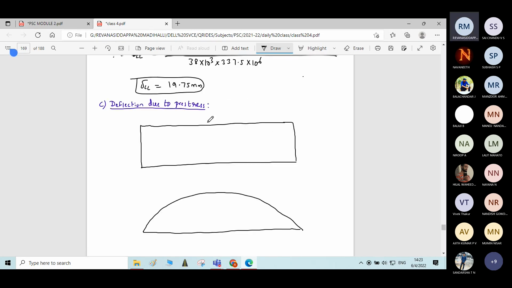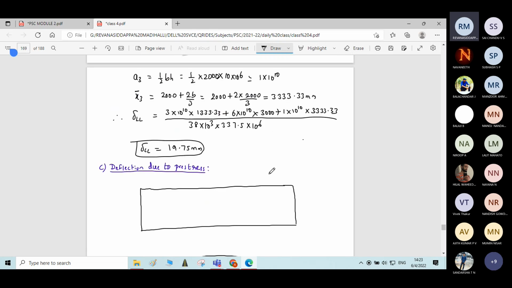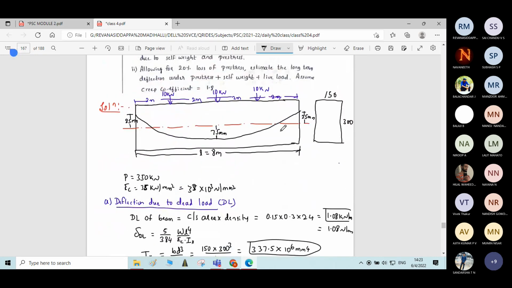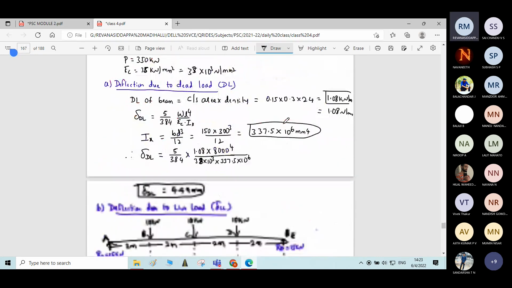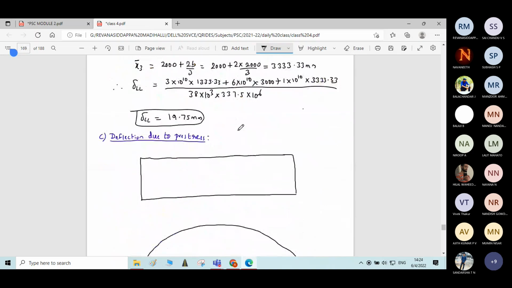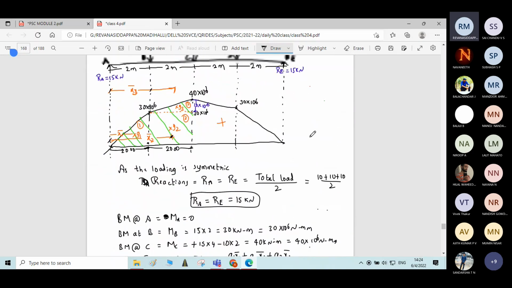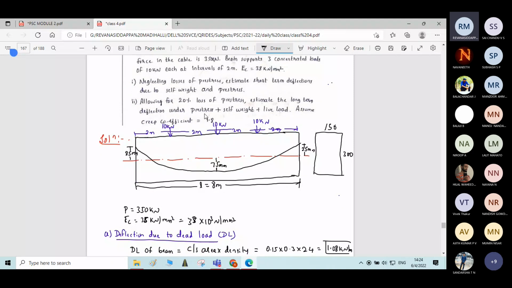Now this first diagram is for the cable portion which is above the central axis. So here the equation will be P into E1. We'll call this P into E1.